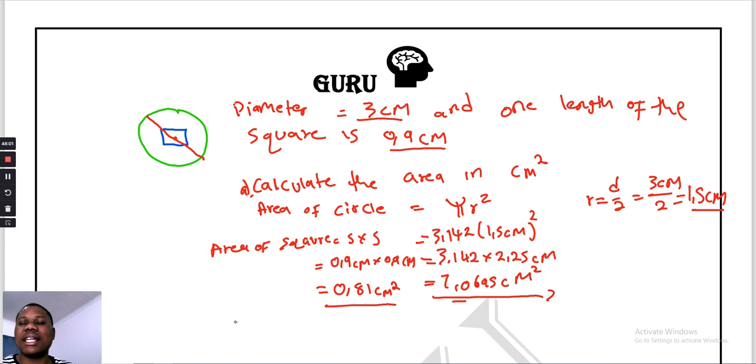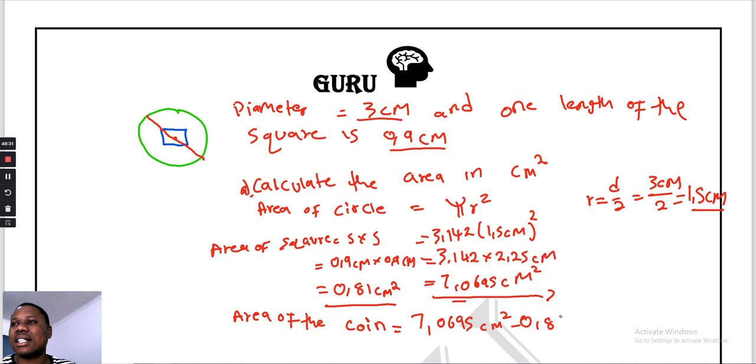So the area of this coin is that we are now going to take out the area of the square so that we can now remain with the coin. Okay, so we are going to take the area of the full circle, which is 7.0695 centimeters squared minus 0.81 centimeters squared.